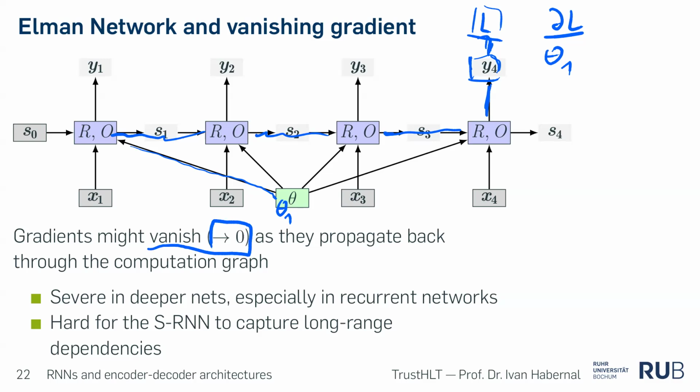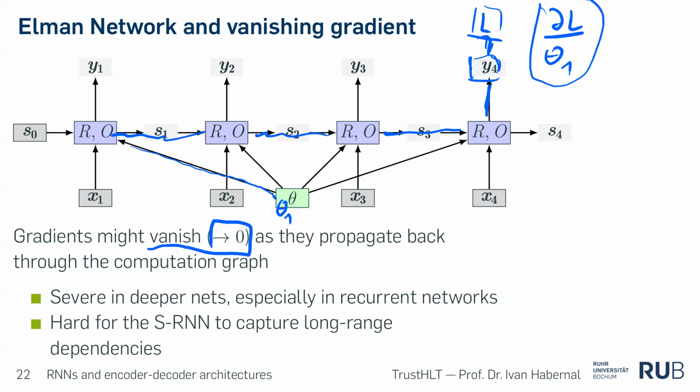Which means the deeper the network, because we can see it as a deep network or long network, there's from the loss, where the information is about the supervision, to the parameters which you need to update. This partial derivative will be a long chain of multiplications, and the longer the chain is and the smaller the gradient, you can vanish the gradient, and the gradient will be 0.